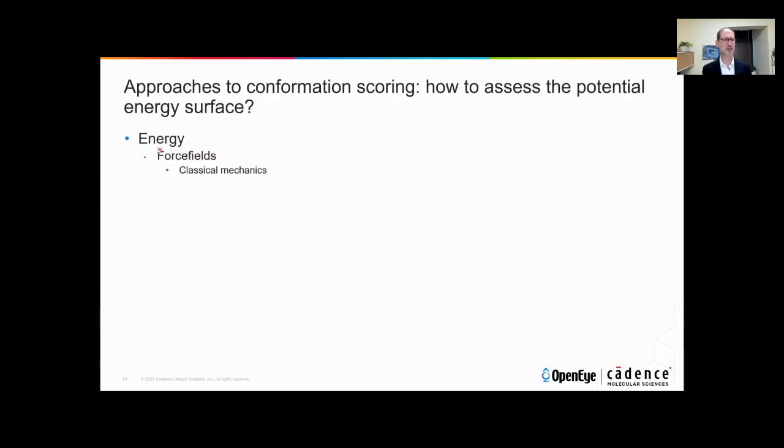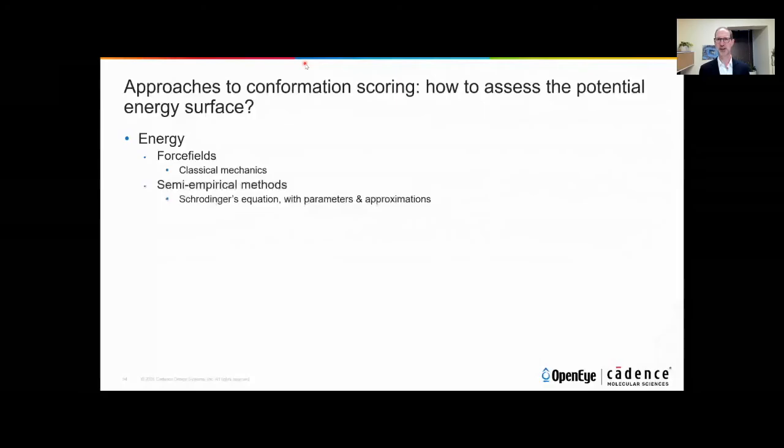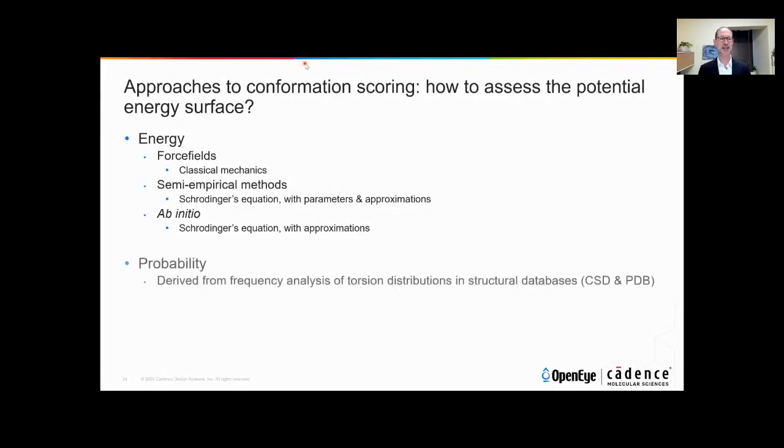We now, of course, need to score the conformations. And again, by far, the most common approach here is to use a force field using a classical mechanics approach. We can go up in levels of theory to semi-empirical or even to full-scale ab initio. But as you'll see in a moment, these electronic structure calculations are enormously slower and scale rather worse than force fields. The converse, again, is probability.